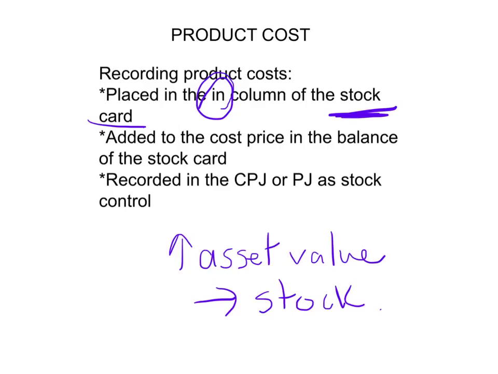Then the new cost price is added to the balance in the stock card, and there's a practical example to follow to show that. In terms of recording the transaction, obviously if you paid cash for it, it's going in the cash payments journal under the stock control heading, or the purchases journal if it was purchased on credit from one of our creditors.